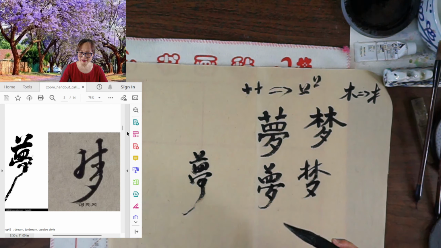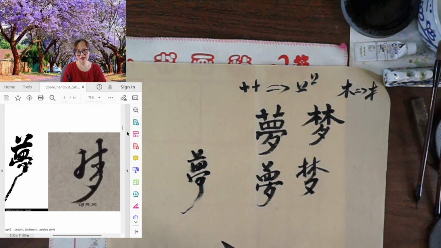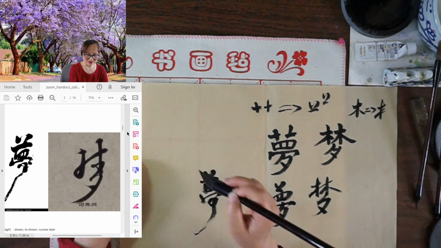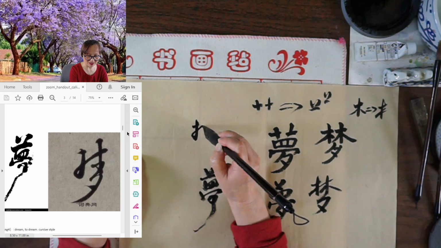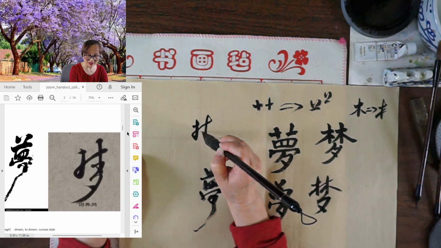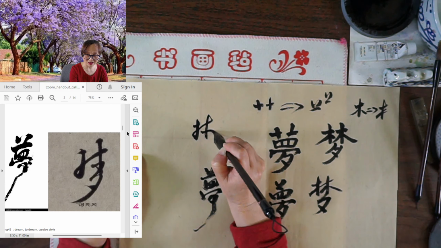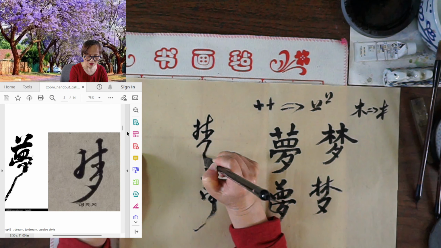And simplified one is even more simplified on the top part for the wood, right? The left wood becomes really not that obvious a press. Just something like that. Okay, that's it. And then do this one, and that one, and the bottom one.